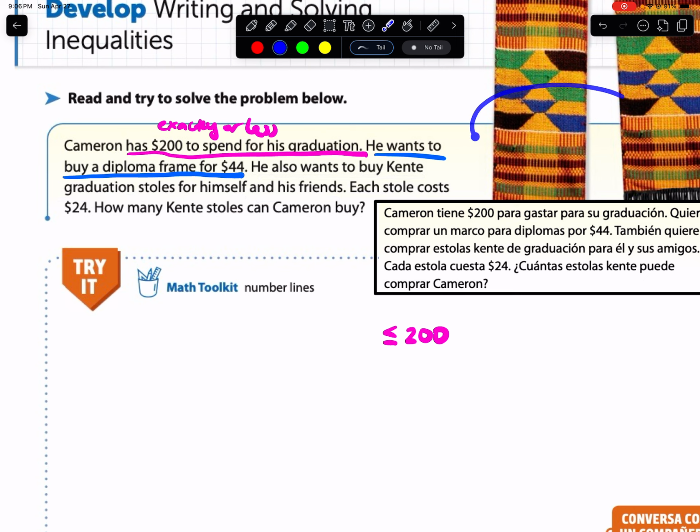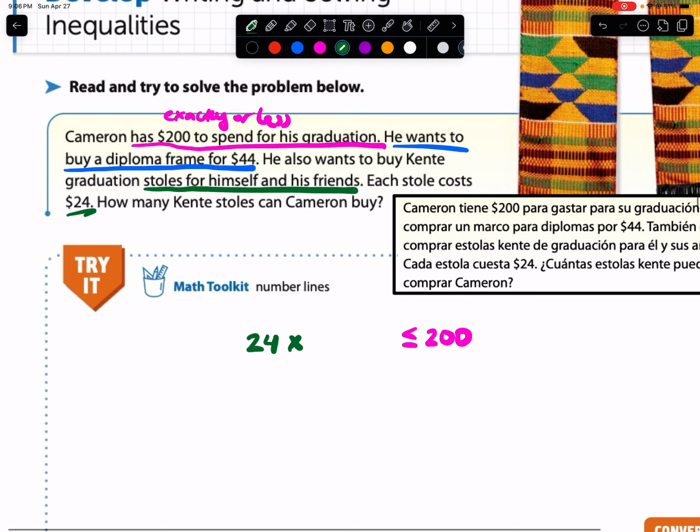Each stole, these, costs $24. So if each costs 24, x is the number of stoles, but we don't know yet.